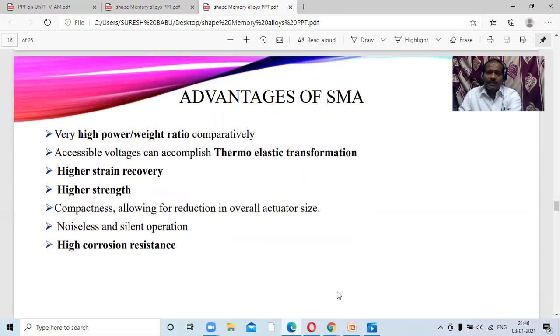Next, advantages of SMA. The advantages of SMA are very high power to weight ratio. Second one, accessible voltage can accomplish thermoelastic formation, higher strain recovery, higher strength, compactness allowing for reduction.